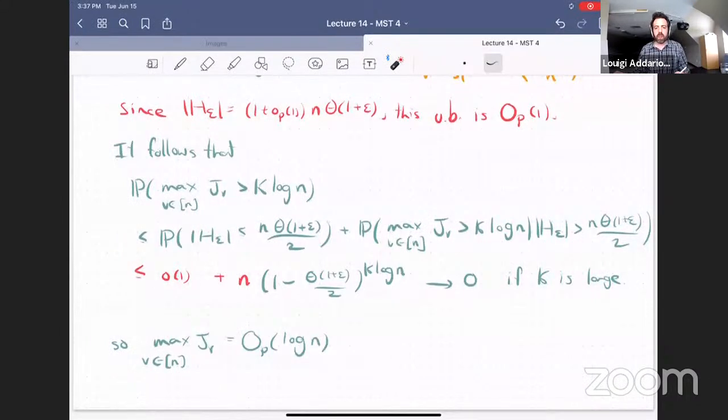At a high level, what we're going to do is break that jump from constant over n to the third to a small positive constant up into pieces, and bound the diameter increase on each of those pieces, and show that the bounds are geometrically decaying so that they're summable. That's the plan.